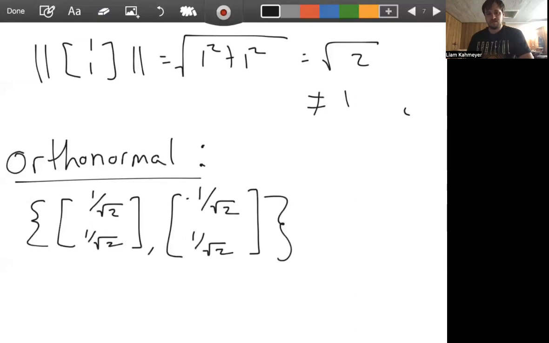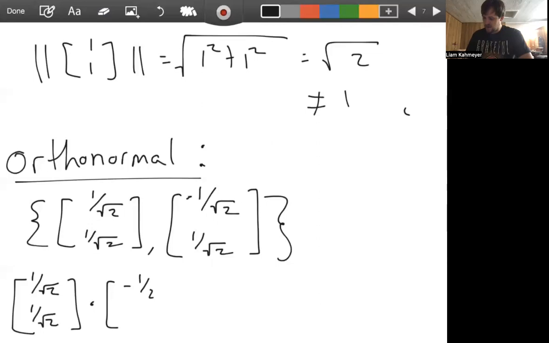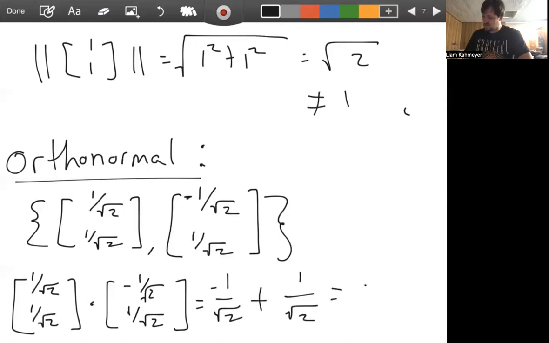When we consider this set, we can see that the dot product is 0 in the same way. So first vector dot the second vector, and that's a negative, by the way. When we take this dot product, we're going to get -1 over root 2 plus 1 over root 2, which is 0, which means that it's orthogonal.